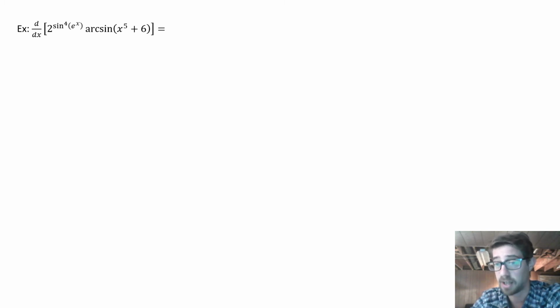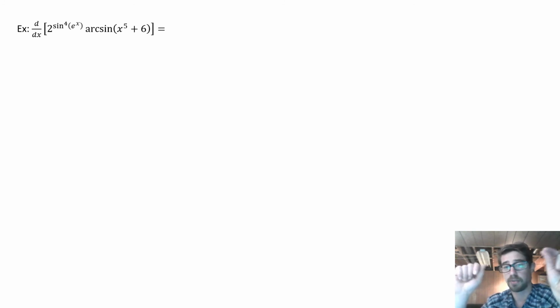And then it's plus the derivative of the first function, which is going to take some doing. So the derivative of the first function, the outermost thing is the 2 to the, is the exponential. So it's the natural log of 2 times 2 to the sine to the 4th of e to the x. The next function in is actually the 4th power. Remember, that's actually sine of e to the x to the 4th.